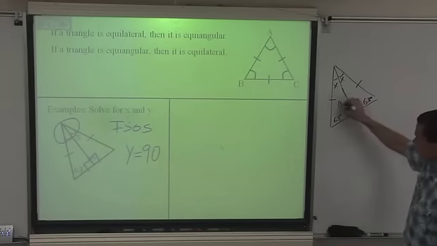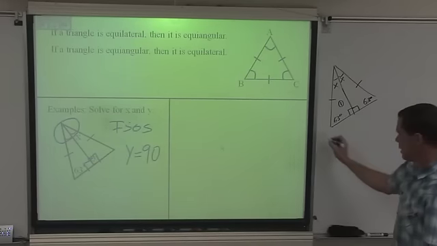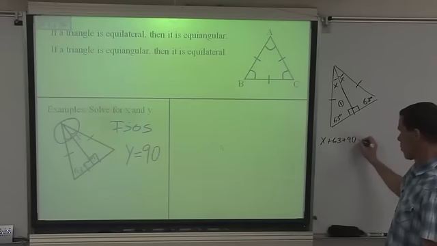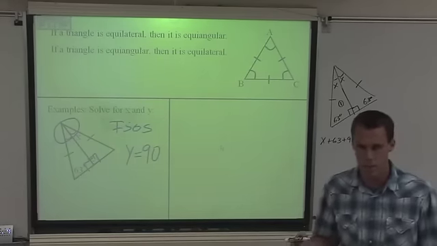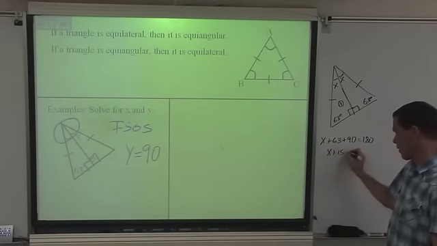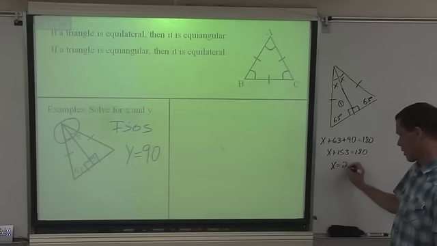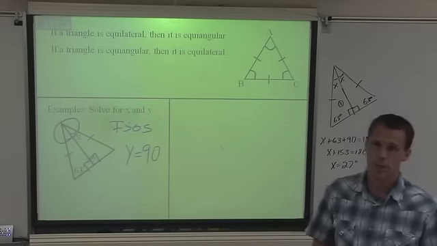At this point, I only want to look at triangle number 1. In triangle number 1, x plus 63 plus 90 will add up to 180. The angles of a triangle always add up to 180. So we put this together, x plus 153 equals 180, and x ends up equaling 27 degrees. That's example number 1.